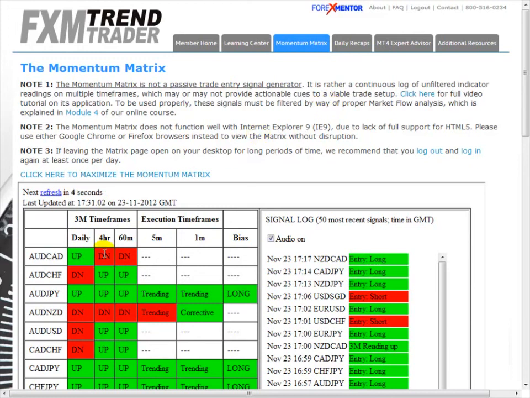So this information is not tradable in and of itself. You have to be careful when it says entry long, entry short. That's if and only if you have taken a look at your charts and confirmed for yourself that this indicator confluence aligns with a valid continuation setup within a valid trending market. That's the responsibility of you, the trader. We're not making this robotic.